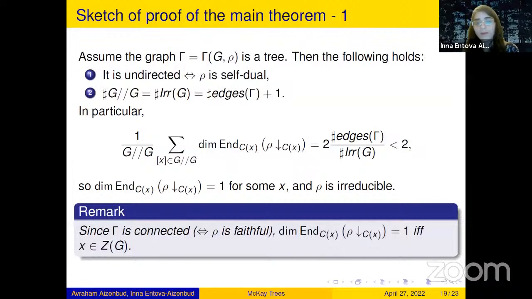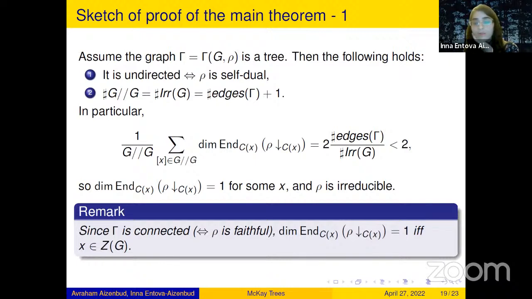In fact, we can say the following thing. Rho restricted to the centralizer is irreducible precisely when X is a central element. Of course, if X is central, then the centralizer of X is just the entire group. So if rho was irreducible, there is nothing to be said.